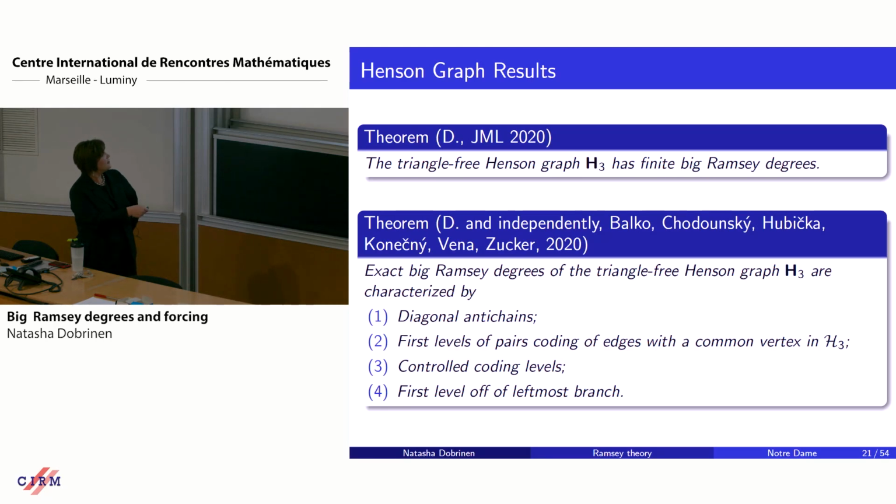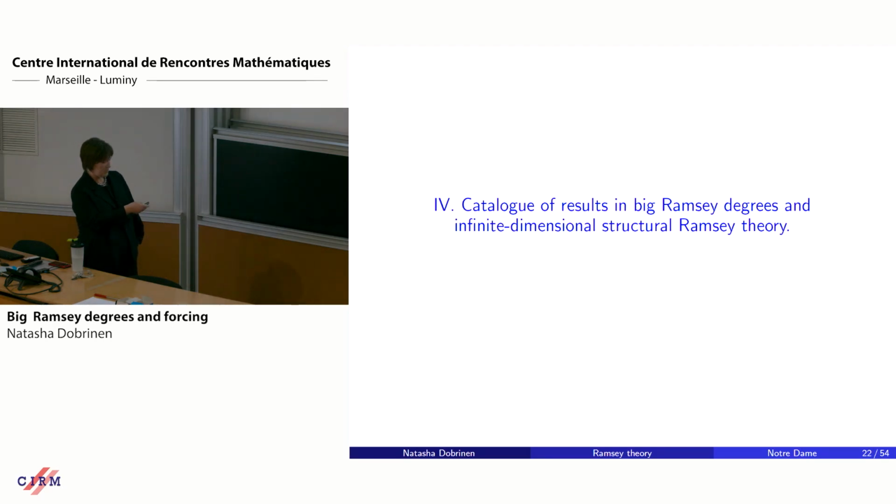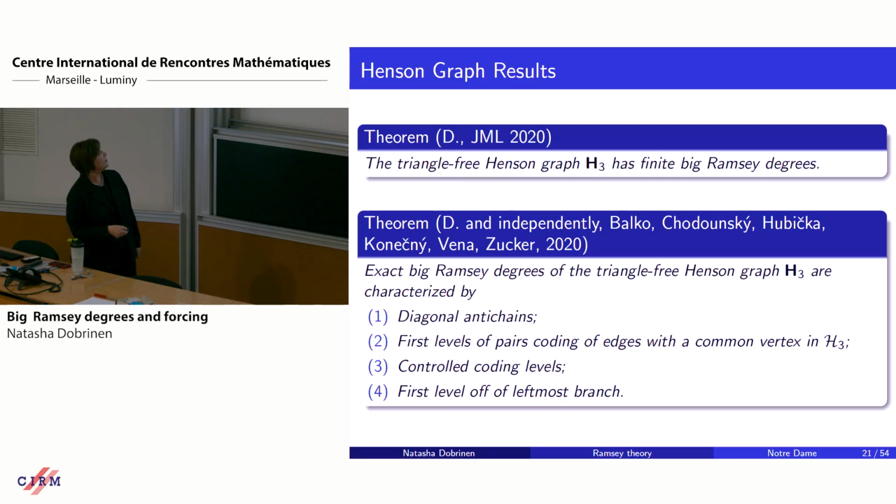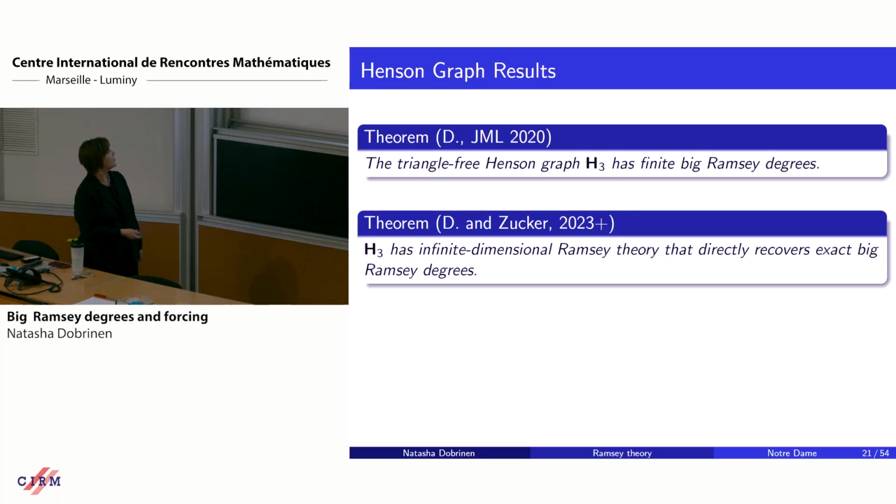And independently, we got to exact bounds, and then this was subsumed in a later work with all 7 of us for all of the free amalgamation, finite relations, etc. And then more recently, it did bear fruition in terms of infinite dimensional Ramsey theory.